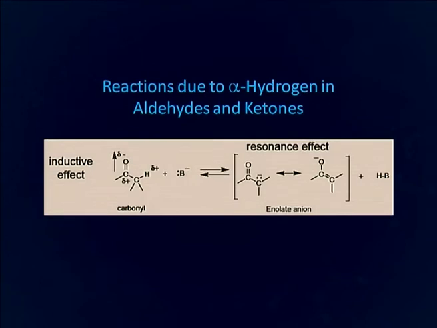The inductive effect of the carbonyl group causes the alpha protons to be more acidic. The negative charge of the enolate ion, that is the conjugate base of the aldehyde or ketone, is stabilized by resonance delocalization. As you can see here, this is the enolate anion; it has a negative charge on carbon, whereas it has a negative charge on oxygen in the other structure, and these two are the resonance structures of the enolate anion, which is stabilized by resonance.